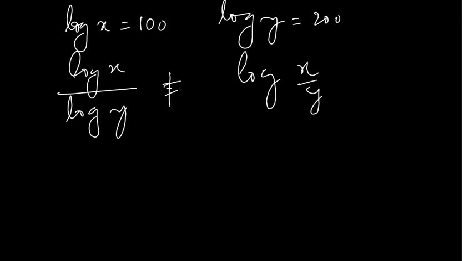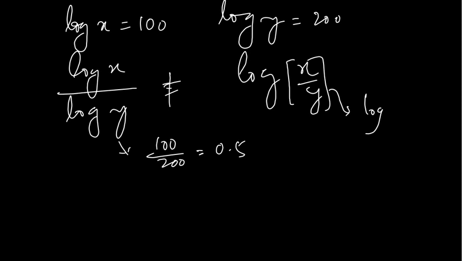I know you would say that. So this answer is actually 100 over 200, so that's 0.5. This is the one, this rule: log x by y is equal to log x minus log y.